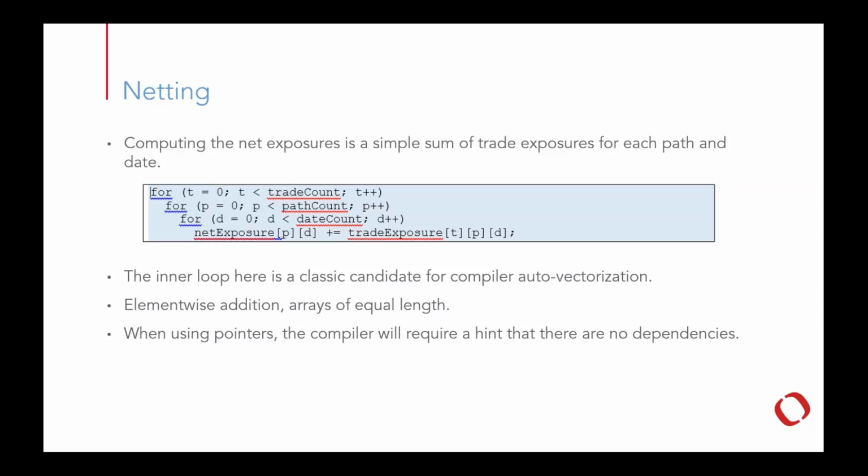So our first little bit of code here is a nested loop. We loop over each of the trades, each of the paths, and each date, and simply just add up the trade values for each path and date into a net total for the portfolio, or all the trades for that counterparty. Now, the inner loop, let's remember, when you're doing vectorization, it's almost always the inner loop that is the one that gets vectorized. So we're looking at that inner loop looping over dates, and that looks like a very good candidate for vectorization.